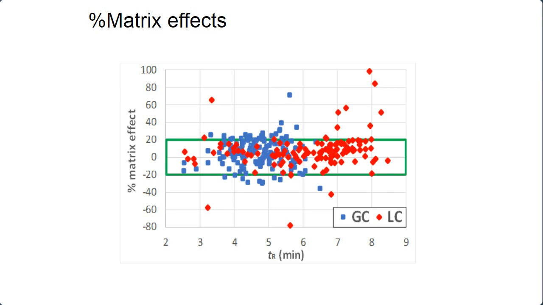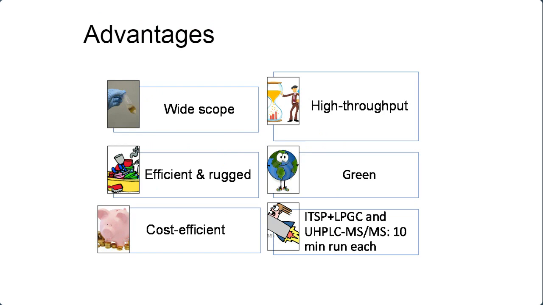So I want to summarize the advantages of our new mega method. First of all, we were reaching for a wide scope, to have as many contaminants of different classes and different polarities covered. Wide scope means that we can analyze more contaminants from one sample with one sample preparation, making this method efficient and effective.